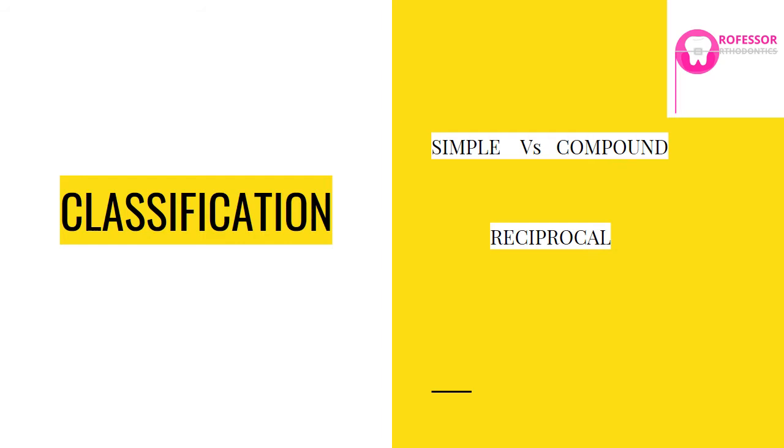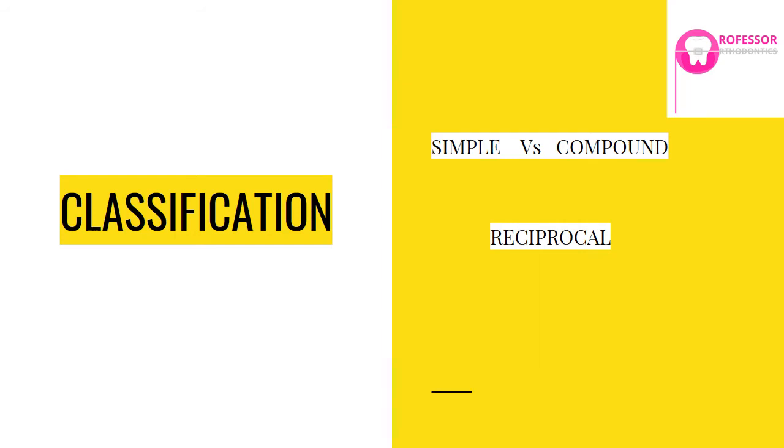Group B anchorage means that you need up to 50% of the extraction space for your malocclusion correction, maybe proclination or crowding. You don't need more than 50% of the space. That means you can afford to lose the remaining 50% of the space. What do you mean by losing the 50% of the space? We'll discuss that in the next slides.